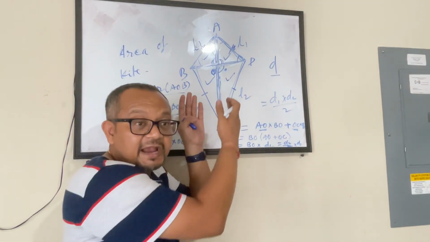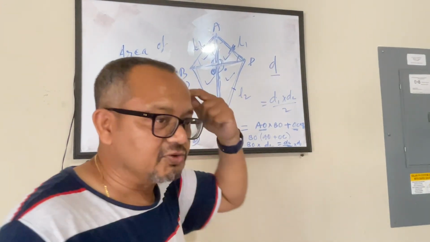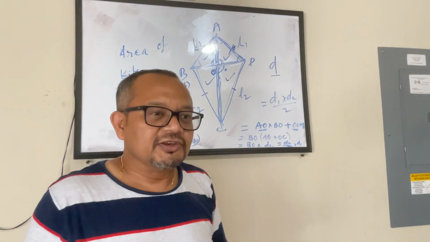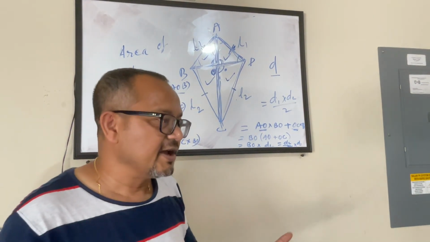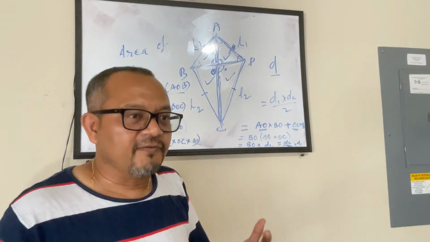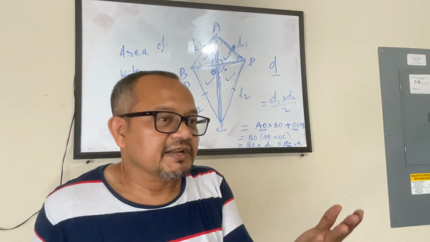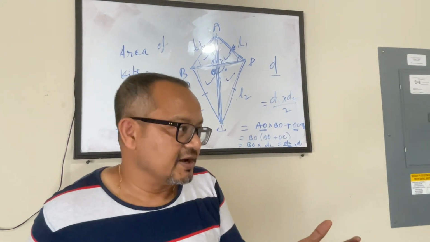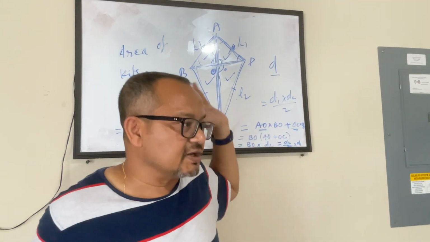In the case of a kite also, my area is D1 into D2 by 2. So now you guys have a common formula for area of rhombus and area of kite. Area of a rhombus and area of kite have the same formula, D1 into D2 by 2, wherein D1 is your first diagonal, meaning one of the diagonals, and D2 is the second diagonal.